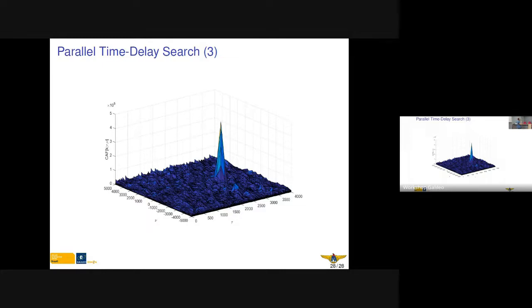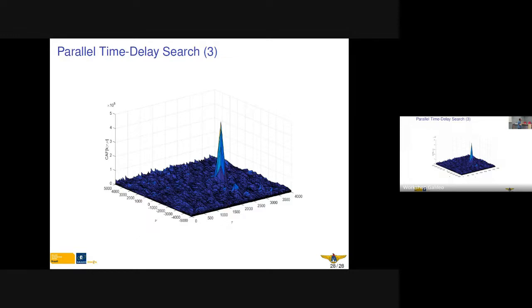On the right axis, you can see the time delay, given in samples, because we have 4,000 samples, which means a 4 megahertz sampling rate.